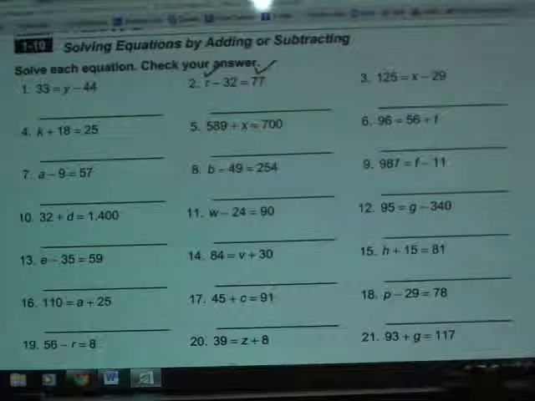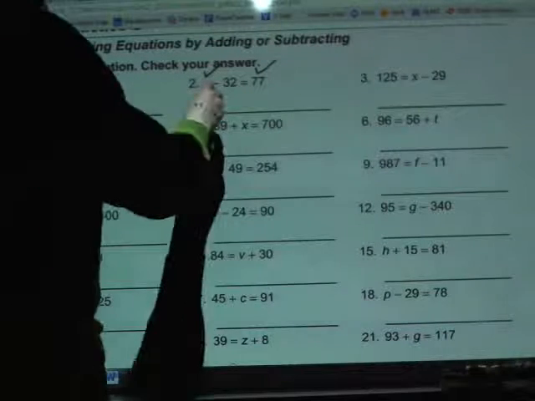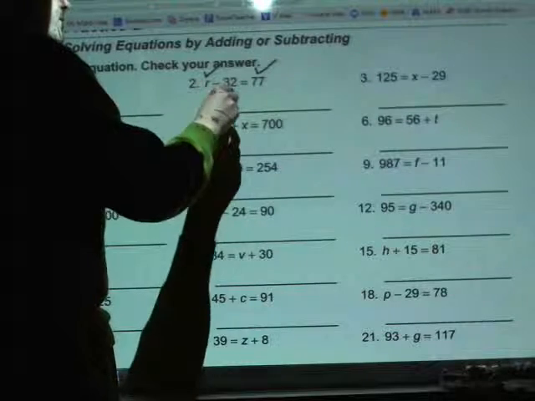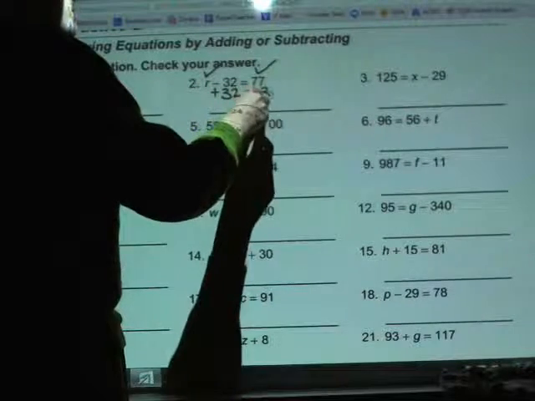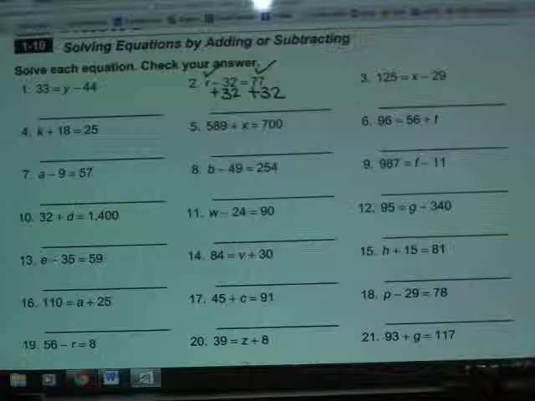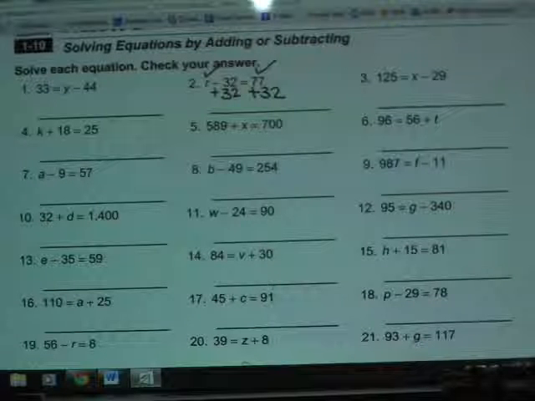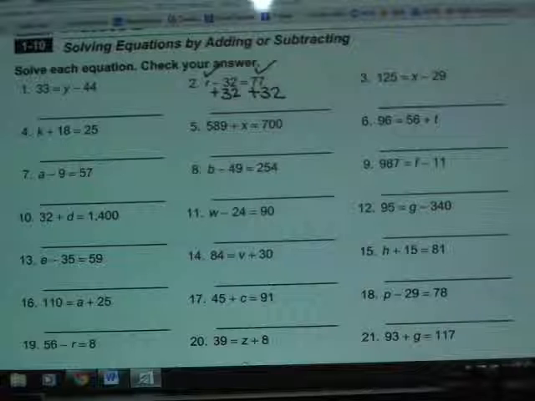So to get rid of subtracting 32 there, I'm going to add 32. And again, I'm going to have to do it to both sides because I'm trying to balance a scale. I'm going to balance out that double beam balance scale by adding the same amount to both sides of the equation here, which is called balancing an equation.